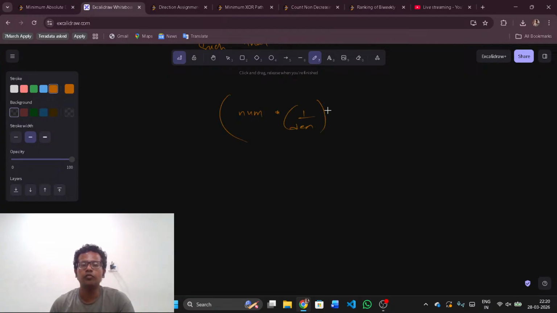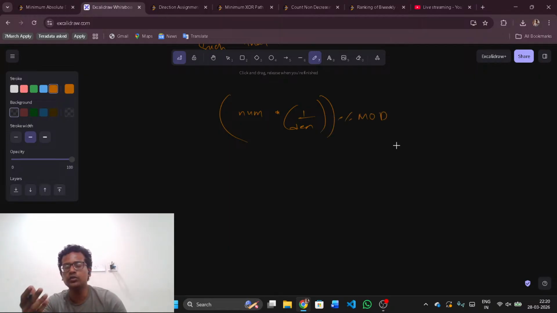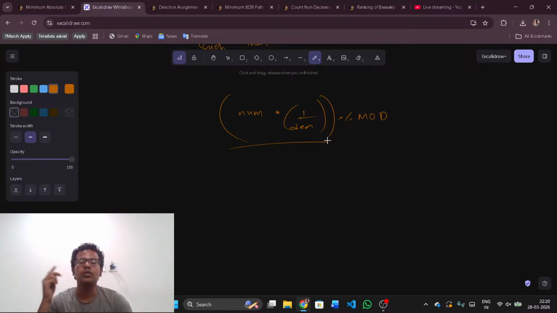Now from 4, I will do mod, right? So that's where the problem is. If I do the modular operation, I'll get out of the actual value that numerator into numerator by denominator is giving me. If I am dividing, I cannot apply the modular function. So modular doesn't work when we are dividing. It can work if we are just multiplying. For a product it can work, but for division it doesn't work.